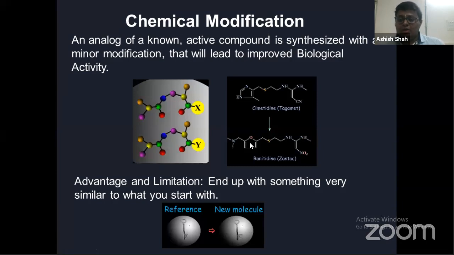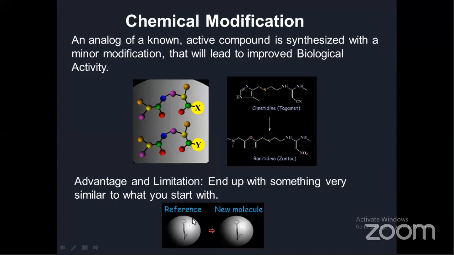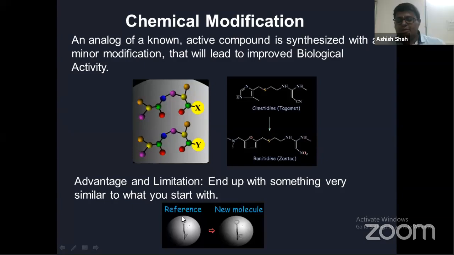Their aim was to get activity like cimetidine, or more activity as compared to cimetidine. Now you can see over here, whenever I change a functional group, the shape should remain the same as the previous drug.